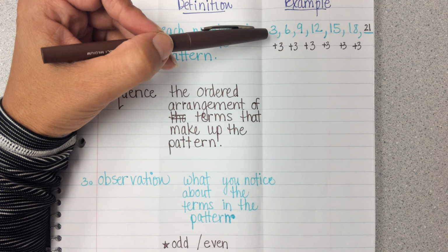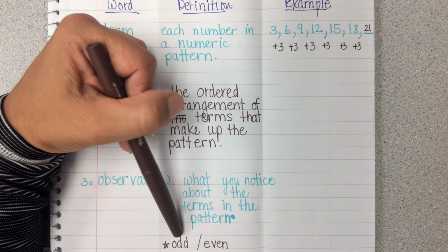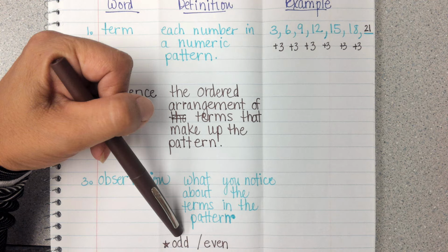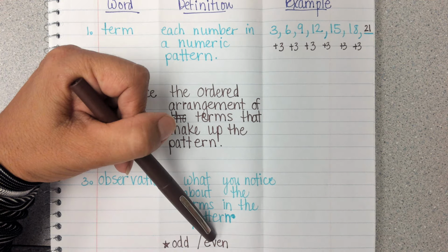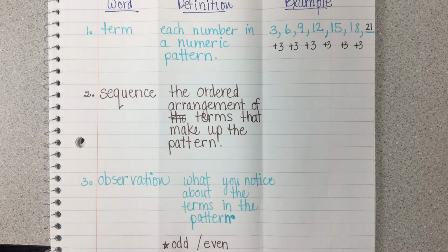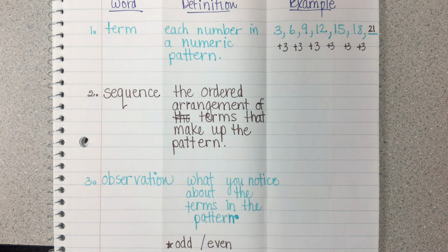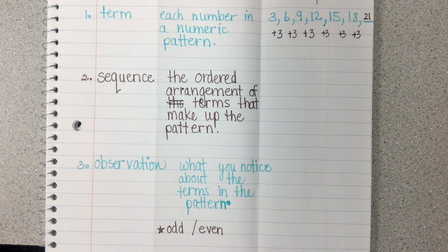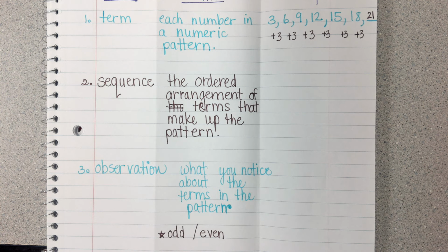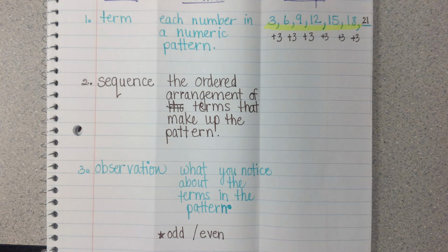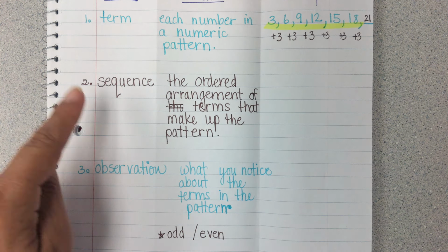The first digit is odd, the second one is even, the third one is odd, the fourth one is even, and so on. So this observation applies to that example. I'm going to let you copy these notes. Those terms make a sequence.